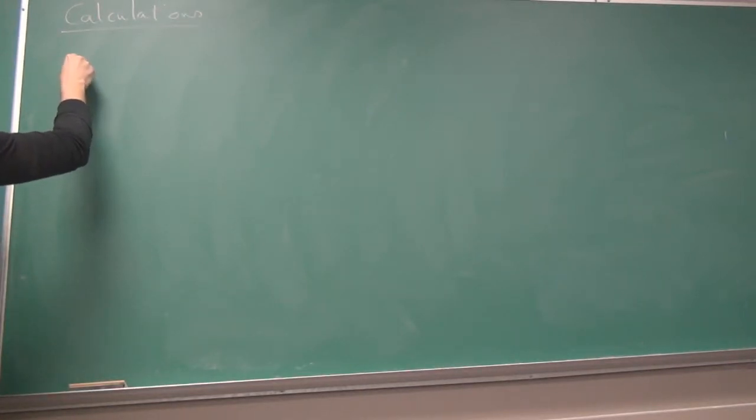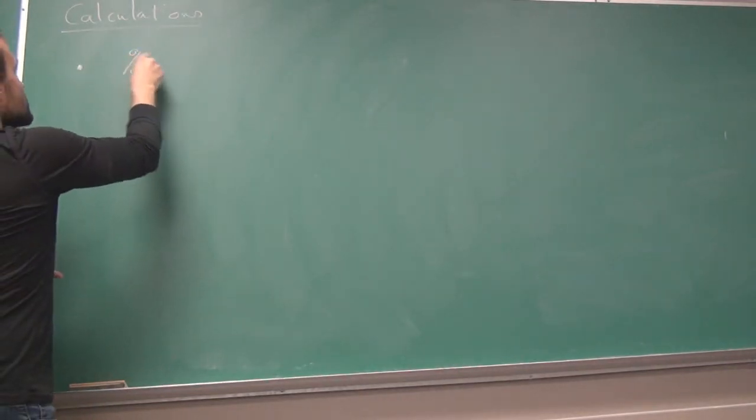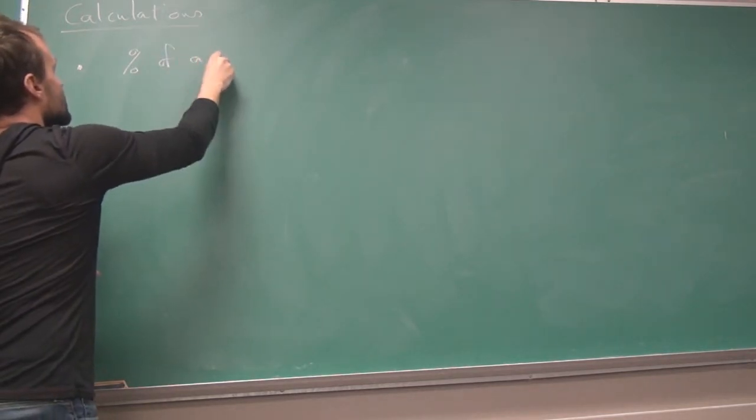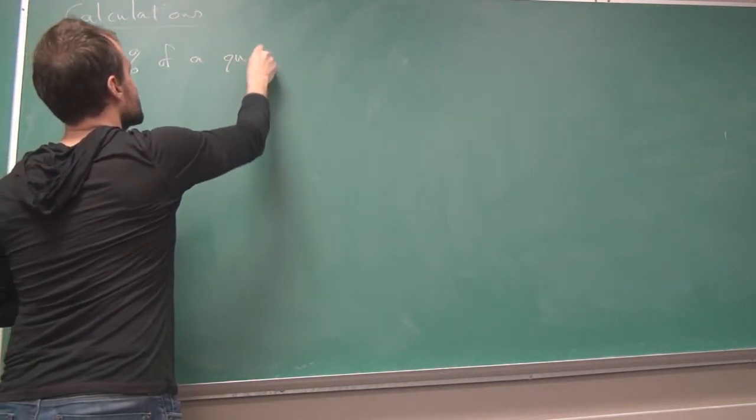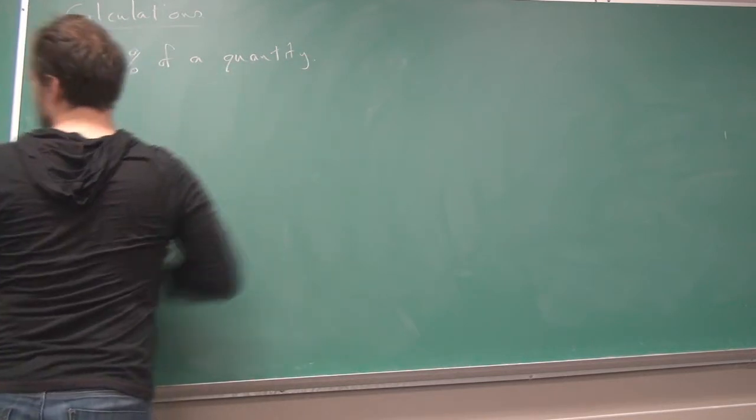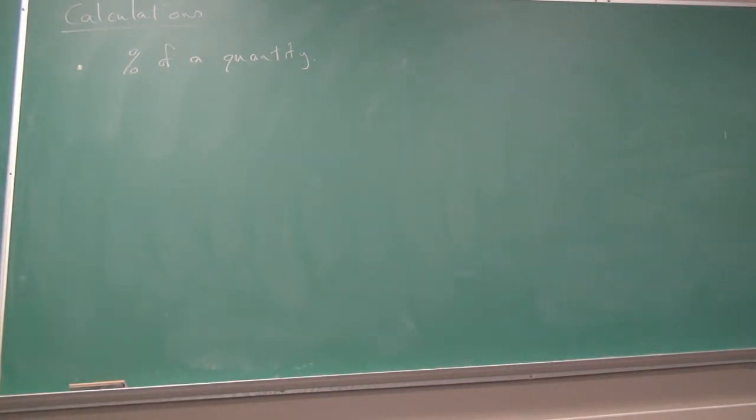First of all, we take a percentage of a number. I'm just going to list them here first. First, percentage of a quantity. Think of interest. I put some money in the bank, I get a percentage of that amount.